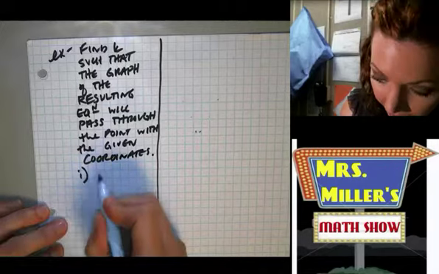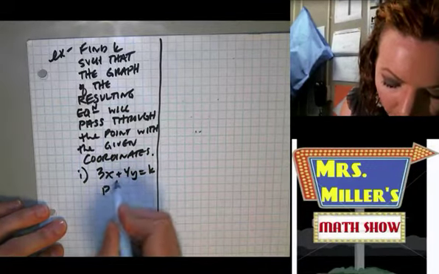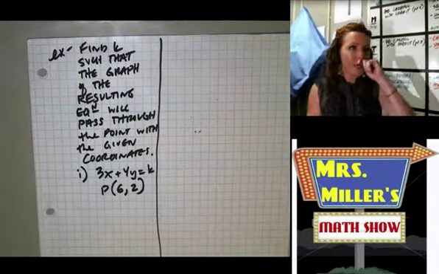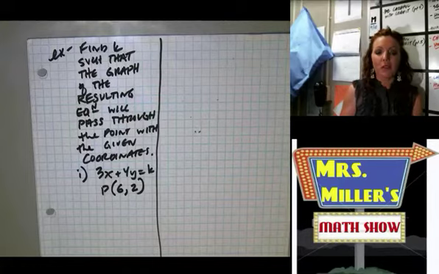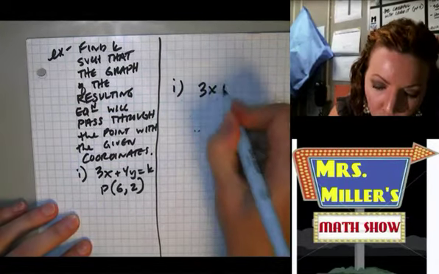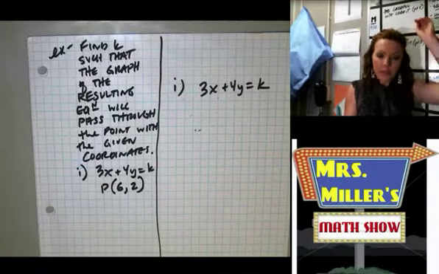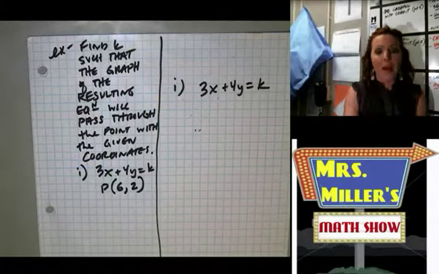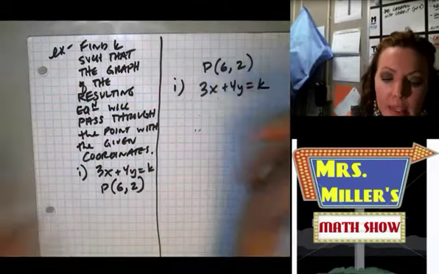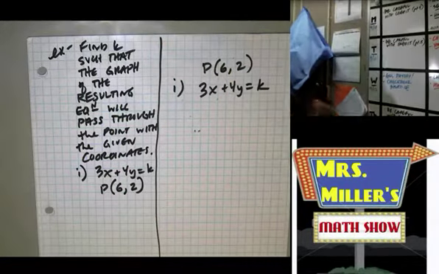So 3x plus 4y equals k. The point that it passes through is (6, 2). Okay, so let's break this down again. We're trying to find a value for k, such that the resulting equation will pass through the point given. We're given a point of (6, 2). All right, so this is the x-coordinate, this is the y-coordinate.